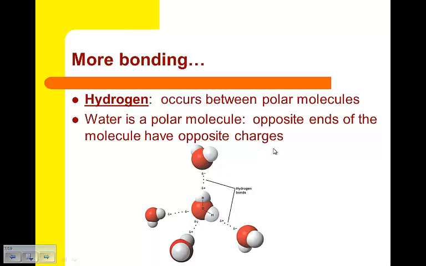You have a positive side and a negative side. Well, that's what we're talking about here. In a polar molecule, you have a slightly positive charge and a slightly negative charge. And so because they have these opposite charges, those charges will attract to one another.